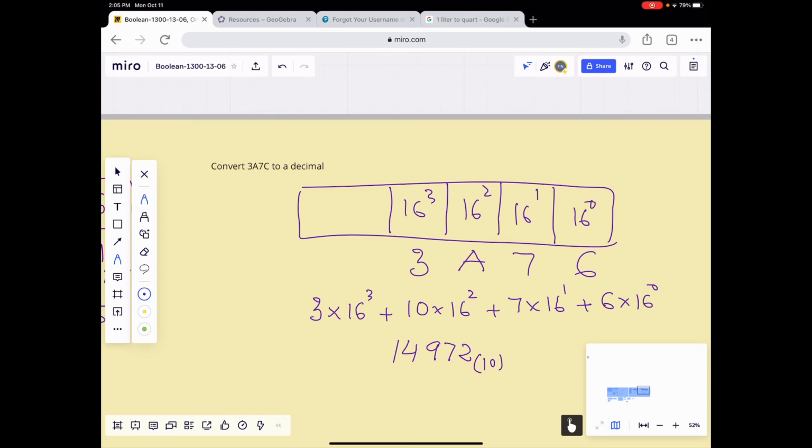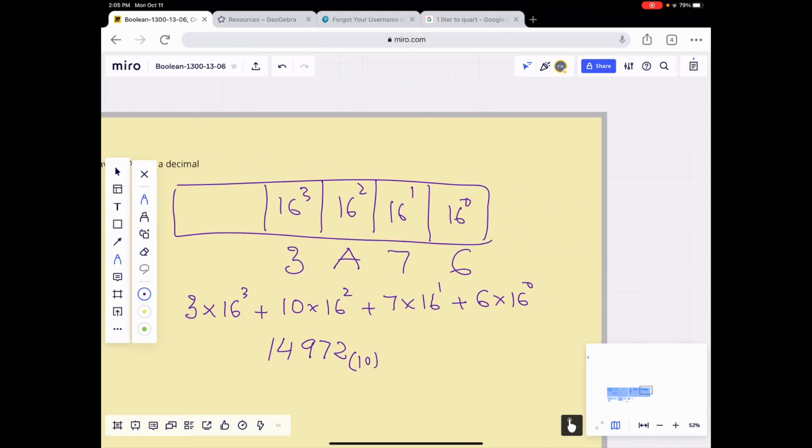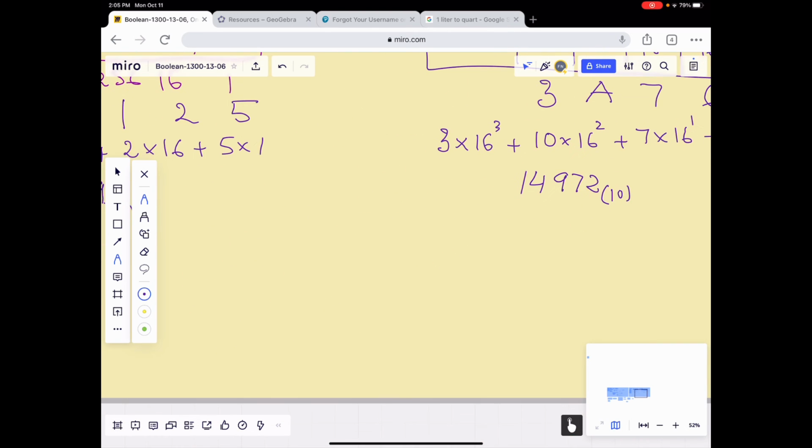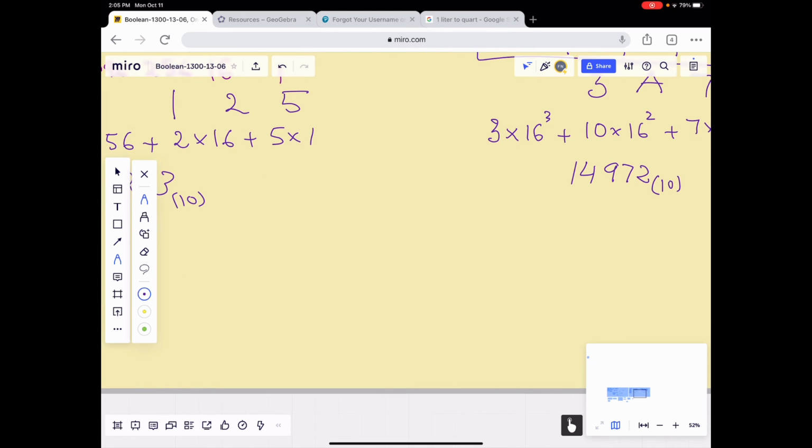Okay, so if you want to convert the other way around, a little bit more work to do. First, you have to determine how many times the largest possible power of 16 is divided into the given decimal.